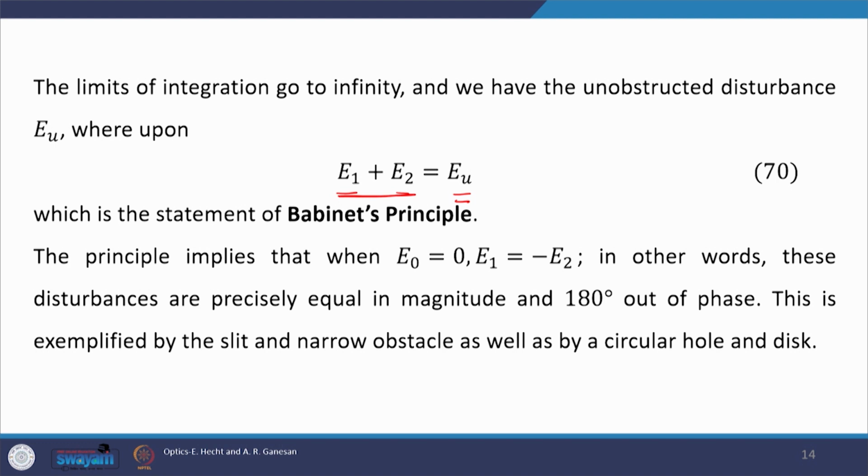I repeat, suppose we have a circular aperture. In the circular aperture, light can pass through this aperture, while if light falls on the other portion of the screen, it will be stopped. And similarly, suppose we have a circular disc and light falls on it, then it will not pass through, while if it falls anywhere else, then it will be allowed to pass.